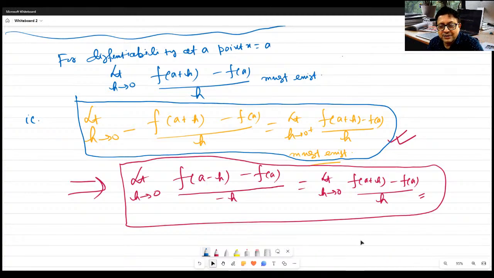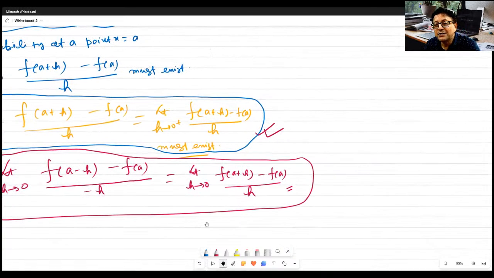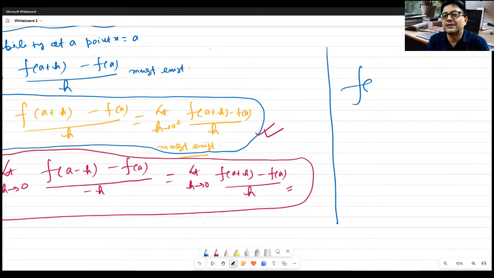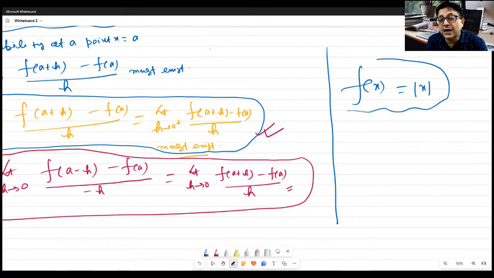Let us proceed. Let us try to understand with one example whether it will be differentiable or not. Let us start with the function f x equal to mod x. This function is continuous, we have seen that. Is it differentiable at x equal to 0?